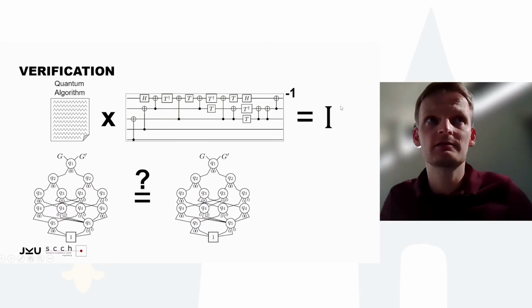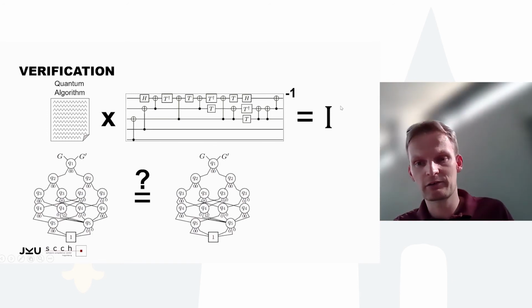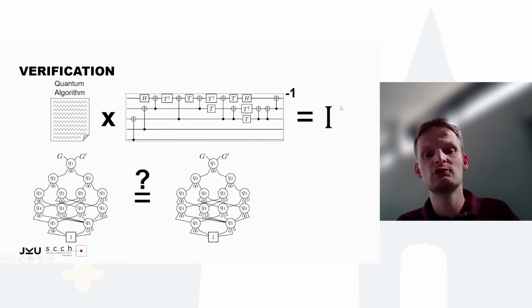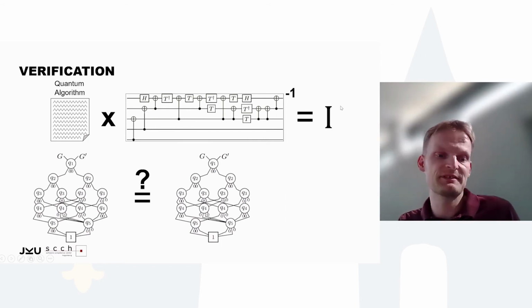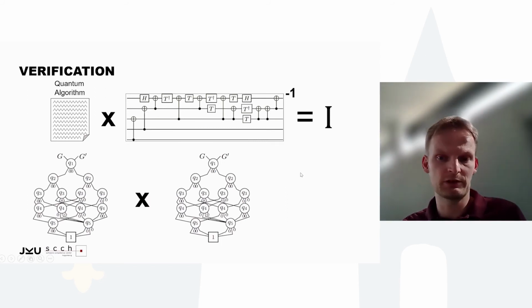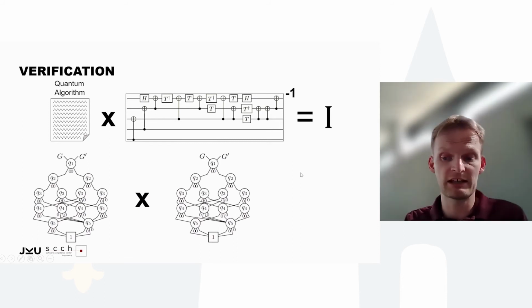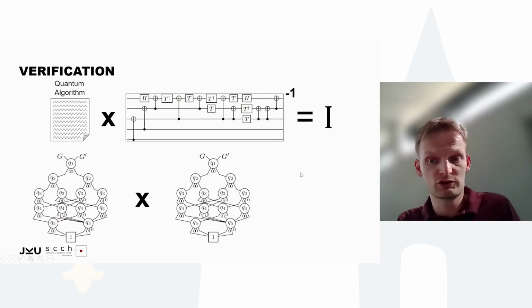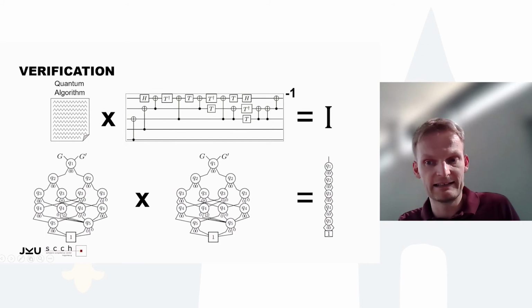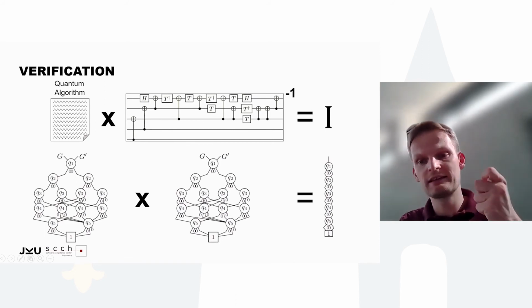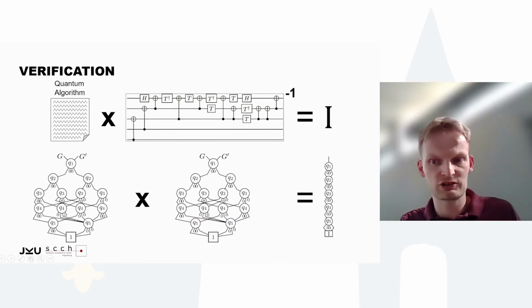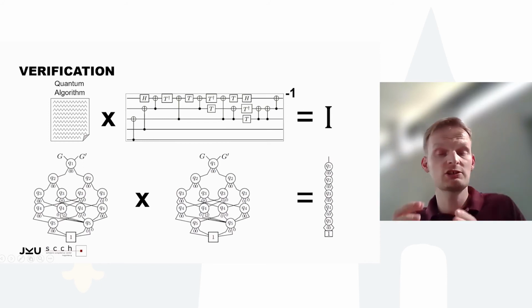This is a nice characteristic, but this alone does not help a lot. But in combination with decision diagrams, this could be really interesting, because if you do the same multiplication on decision diagrams, of course, you're also supposed to get the identity, and this is the sweet thing: the identity is a particular functionality which can be represented in a very compact fashion using decision diagrams.